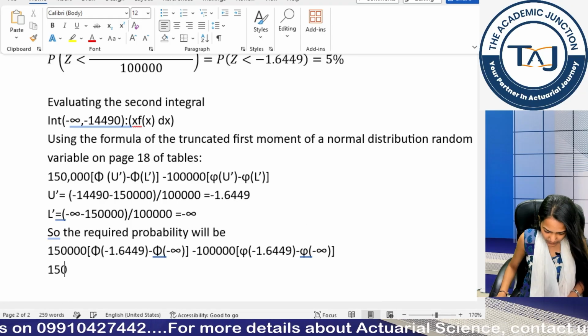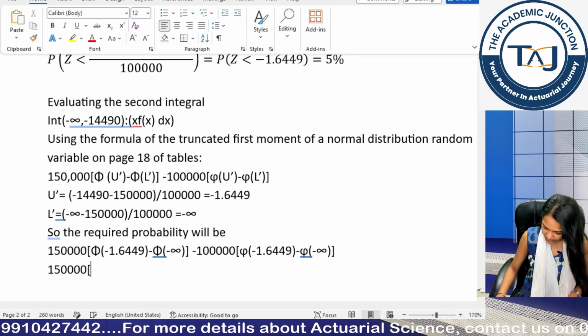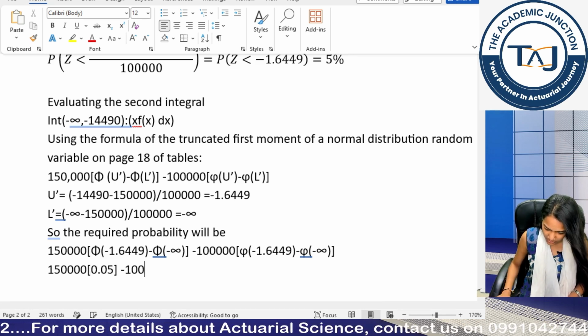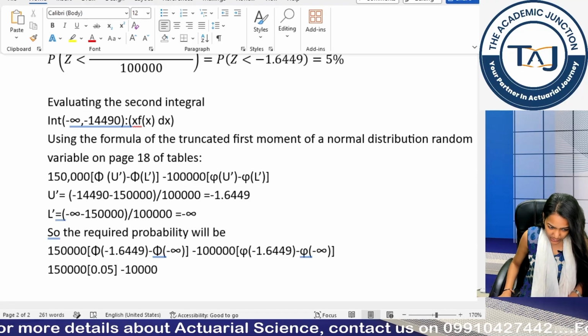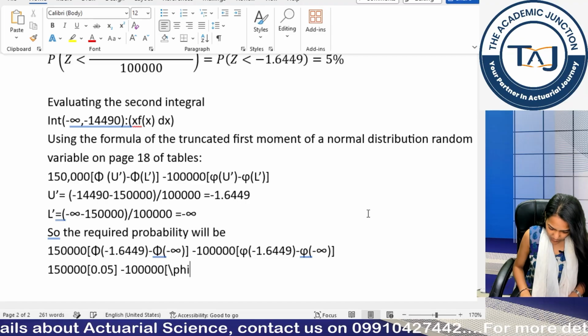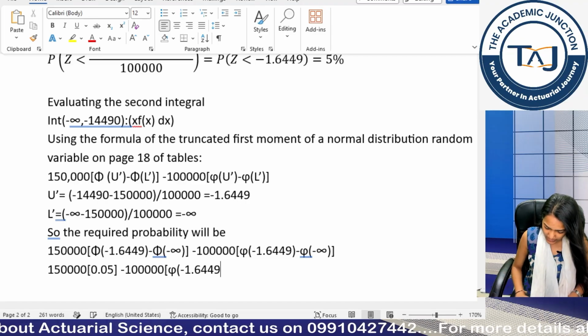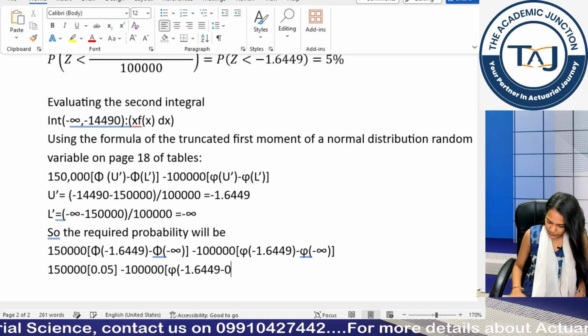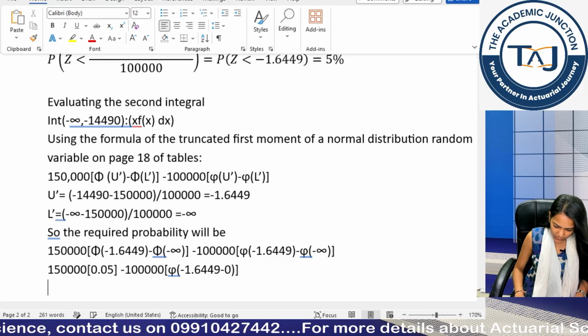So this will become 150,000 times 0.05, this becomes 0, so I am not mentioning the zeros. This becomes 100,000 and this will be small phi of minus 1.6449, and the PDF of negative infinity is also 0. So this is 0. Okay.